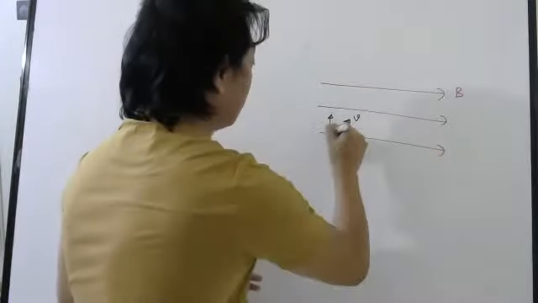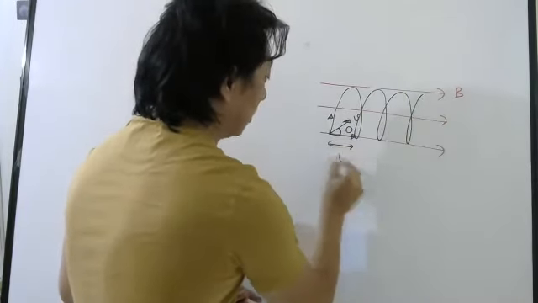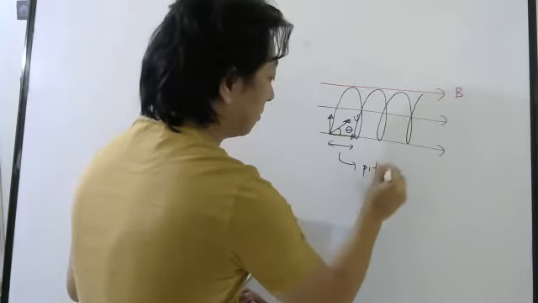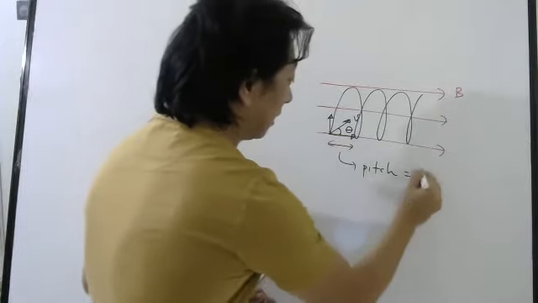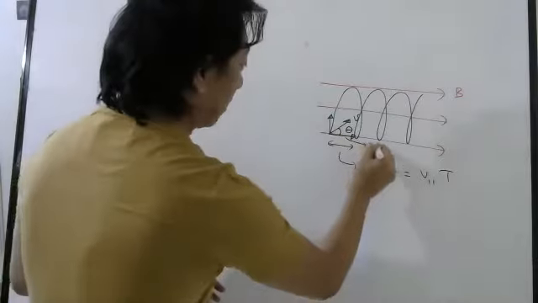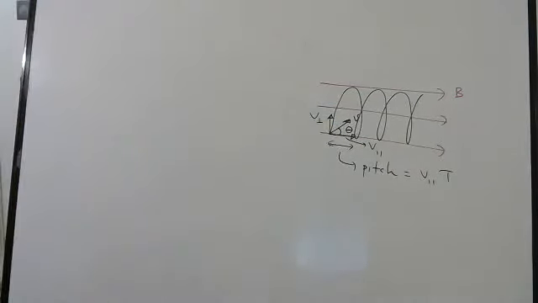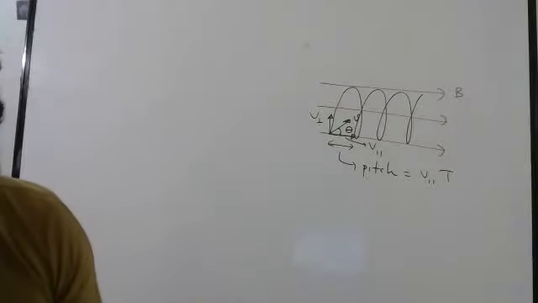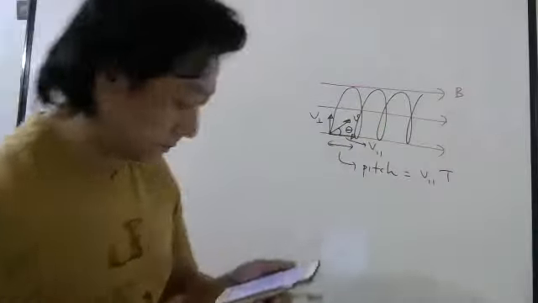So it starts moving in a helical path. What was this distance called? Pitch, right? And pitch, if you remember, was v parallel into time period. This component of velocity I wrote v parallel, this component I wrote v perpendicular, right? Okay, so let us see the next question, which is based on this pitch.